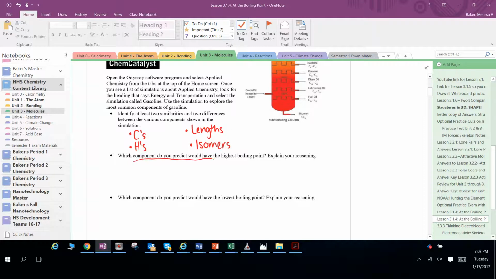Which one of those do we think would have the highest boiling point? And which one would be the easiest to boil? Well, I'm going to say the largest one will be the hardest to boil. So it would have the highest boiling point. But at this point, I'm just guessing. So you can write your own predictions here.